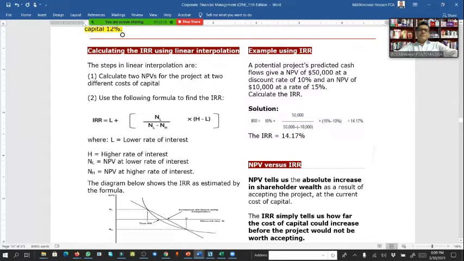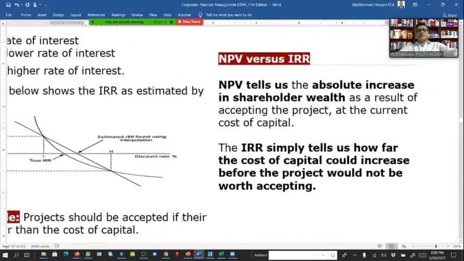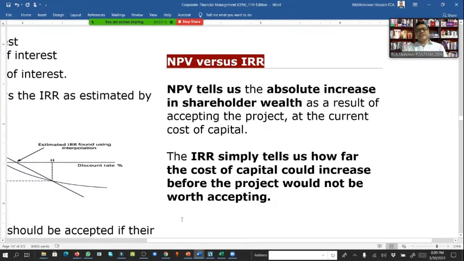So NPV versus IRR, what is the difference between that? NPV tells us the absolute increase in shareholder wealth as a result of accepting the project at the current cost of capital.